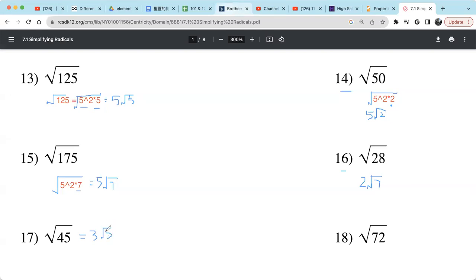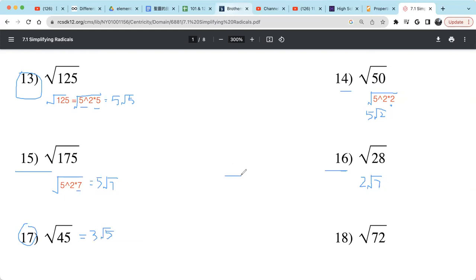Okay. So square root of 45 is in the same family as the square root of 125, right? Because they have like radicals. And the square roots of 175 and 28 are like radicals because they have square root of 7, right?